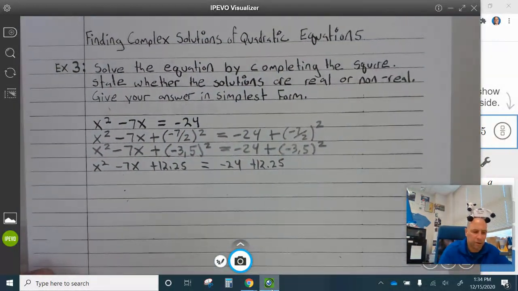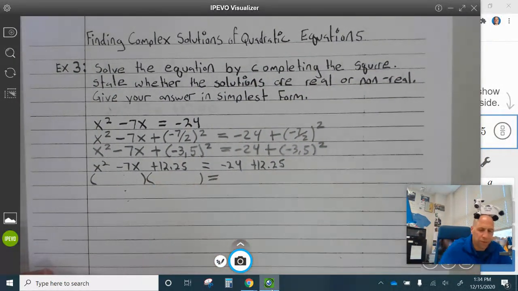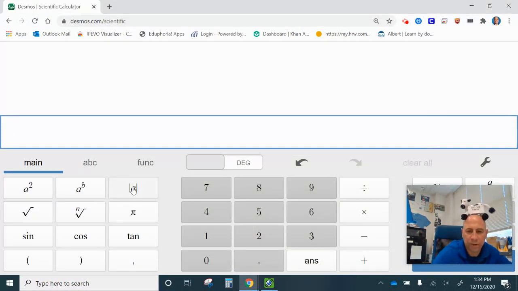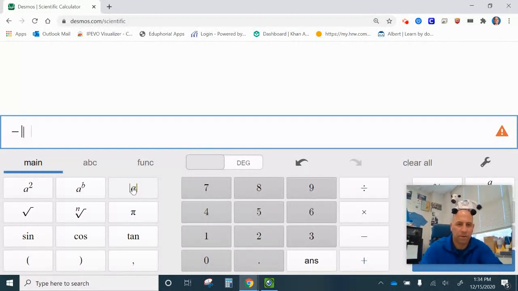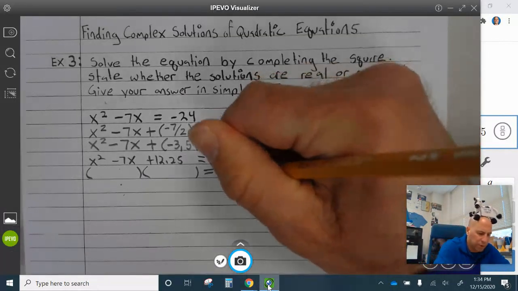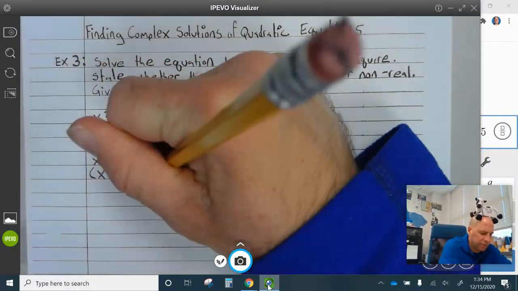Okay, now we're going to factor this. Negative 24 plus 12.25 is negative 11.75. So negative 11.75, okay? X and X.